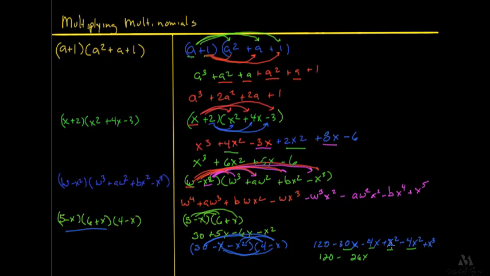We have a positive x squared minus 4x squared. So that would be negative 3x squared. And we have an x to the third. Looking at this, I see that this is a negative 30x and a negative 4x. So this should be negative 34x.